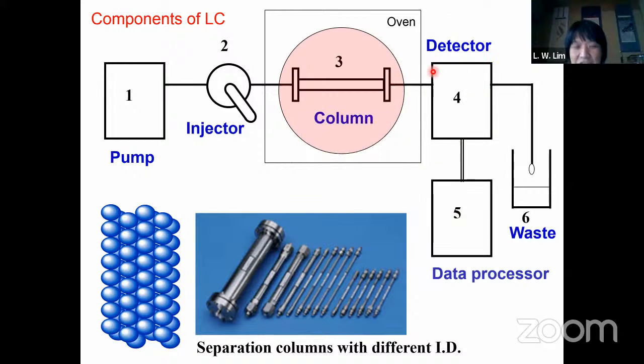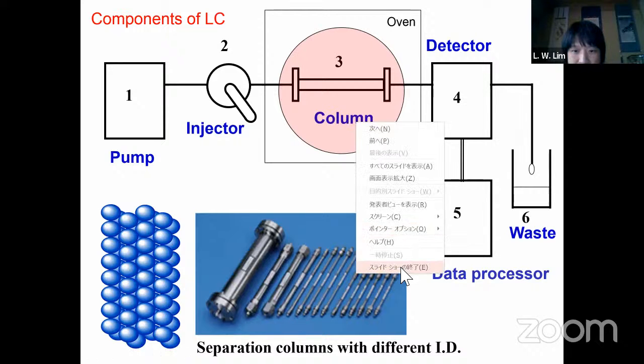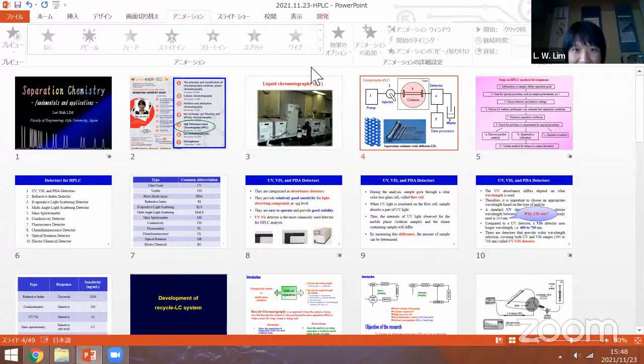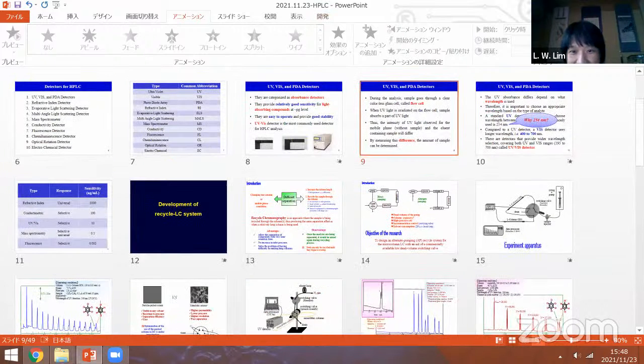The detector has many types, and right now I'm explaining the UV detector. UV is a detector to detect the sample after separation. I hope this answers your question. Anyway, I will continue with the rest.